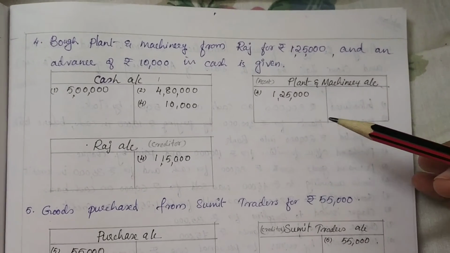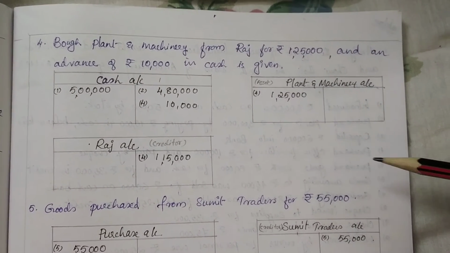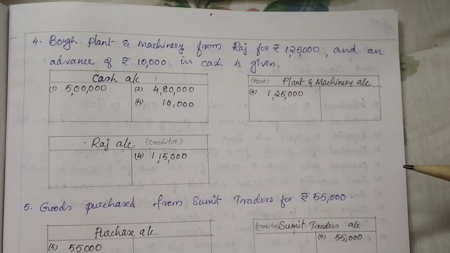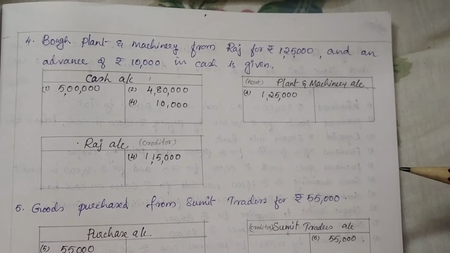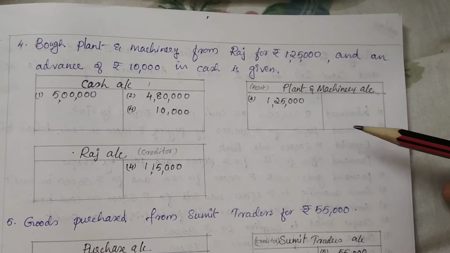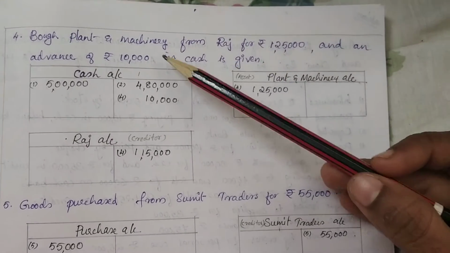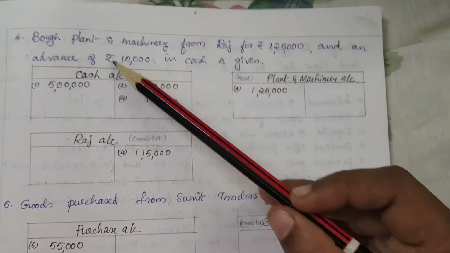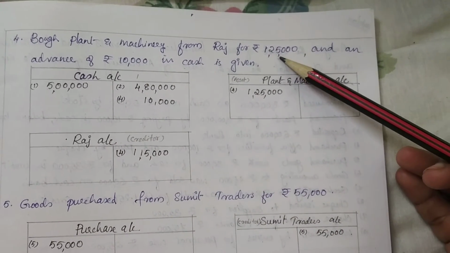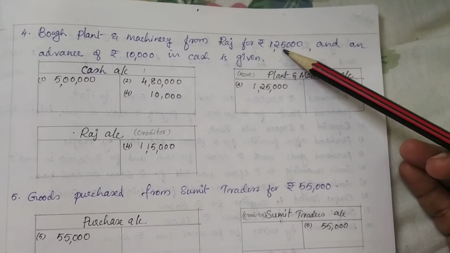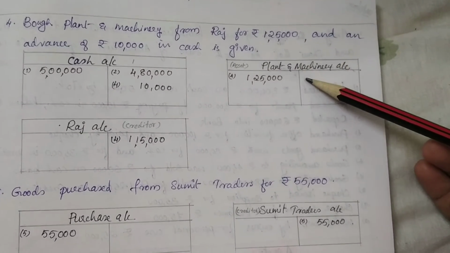Fourth transaction: bought plant and machinery from Raj for rupees 1,25,000, and an advance of rupees 10,000 in cash is given. Plant and machinery is an asset worth rupees 1,25,000. So this asset is increasing, right? So we have to open a new account, plant and machinery.